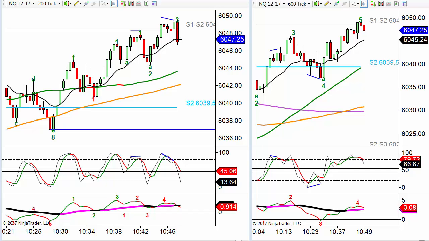There's two kinds of concurrents we talk about. So we talk about concurrent cycle highs and lows. That's when you have a cycle low on both time frames at the same time, or a cycle high on both time frames at the same time. Love those, especially if they have second chance patterns.